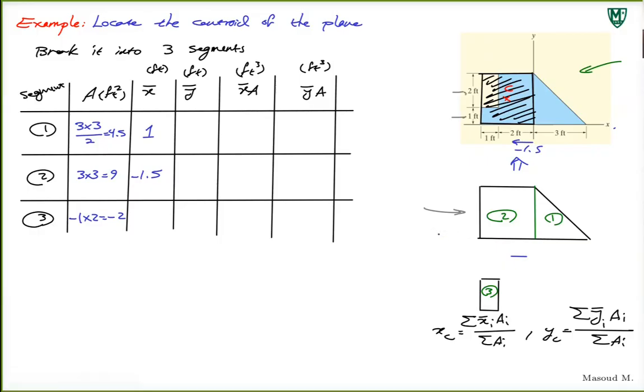Section 3. Now here is a tricky one. What is the coordinate of the centroid for section 3? Remember, this is the coordinate system we have: X, Y. This is X, this is Y. What is the X coordinate, X bar, for the centroid of this triangle, which is a 1 by 2 triangle?